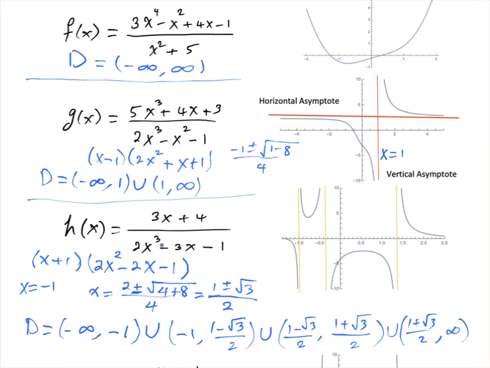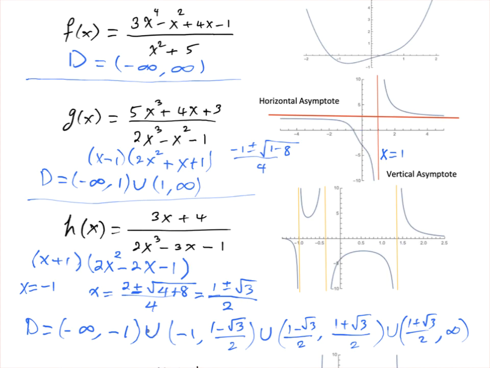After you cancel out the factors, then you decide what the vertical asymptotes are. Here too, the only vertical asymptote was at x equal to 1, and 1 doesn't make the numerator 0, so that's why x equal to 1 is still an asymptote here.